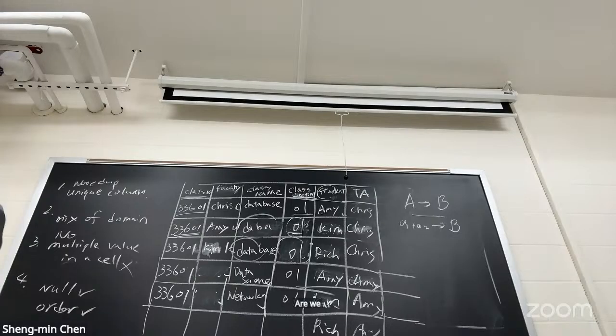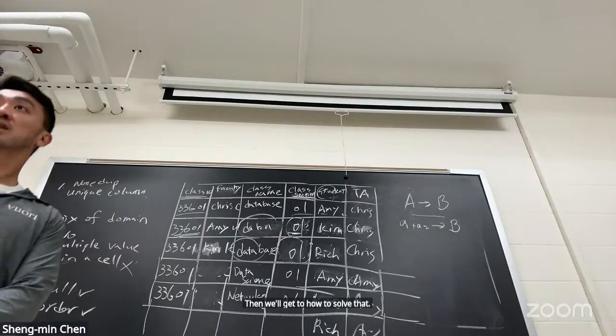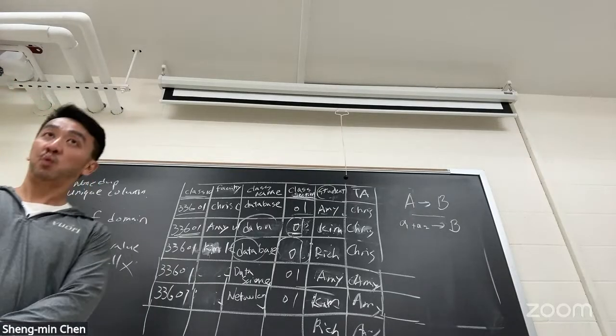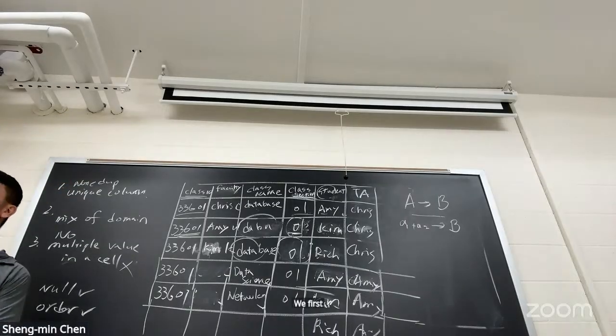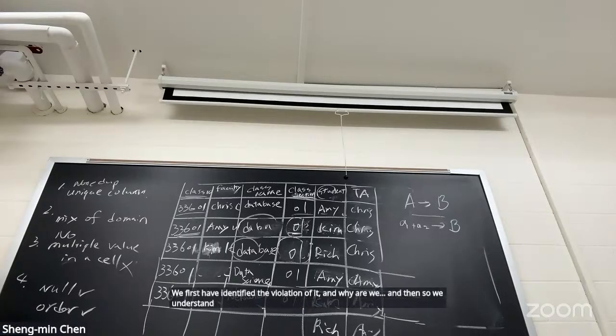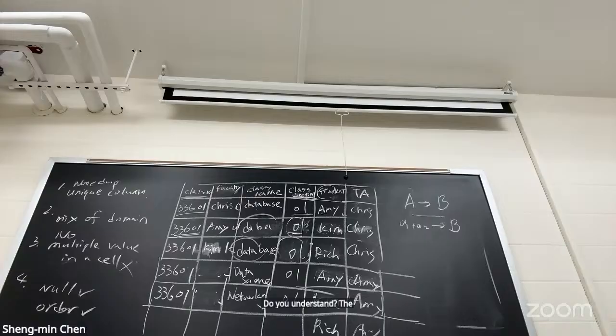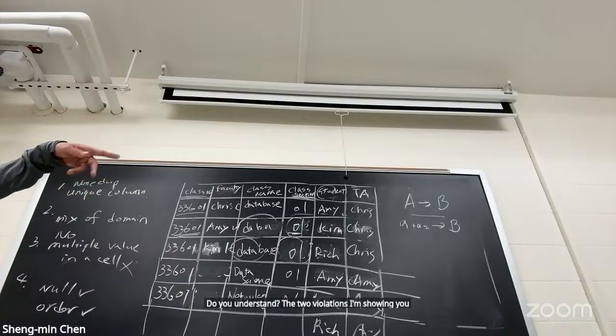Are we good so far? Then we're going to see how to solve that. We first have to identify the violation of it, so we understand how to solve that. Do you understand? The two violations I'm showing you are from both directions.